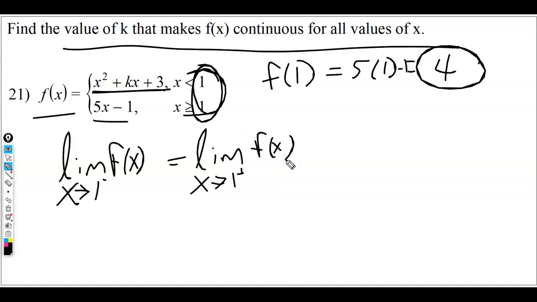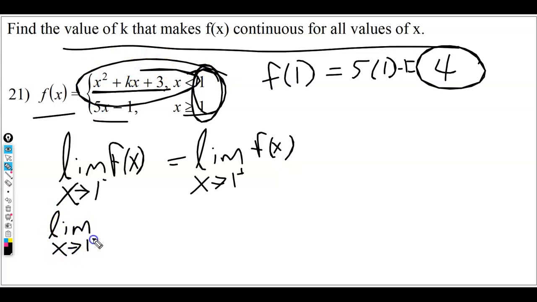Now, if we're approaching 1 from the left, that would be the top piece. If we're approaching 1 from the right, we would be using the bottom piece.